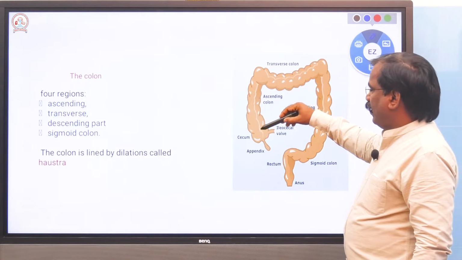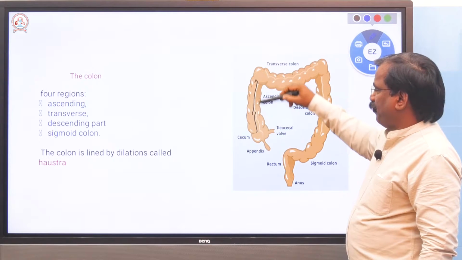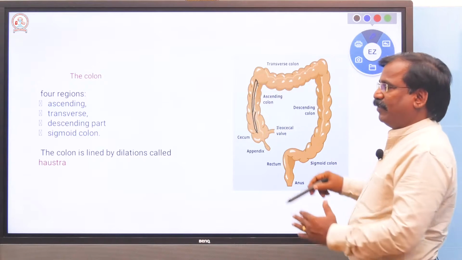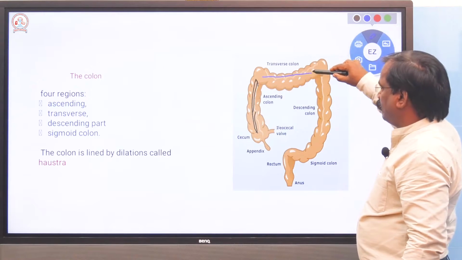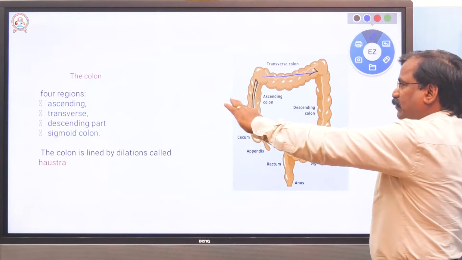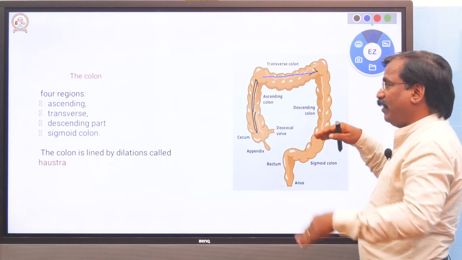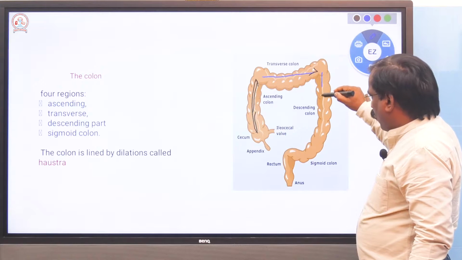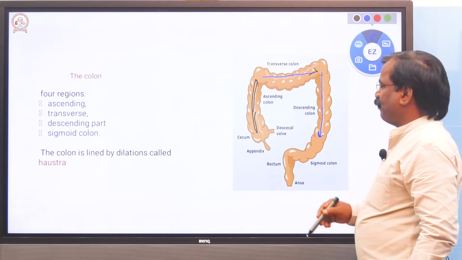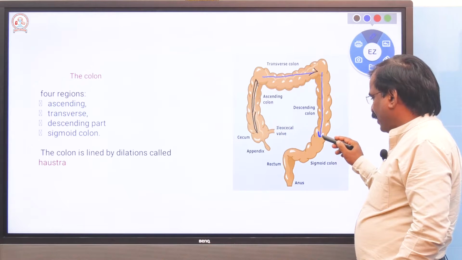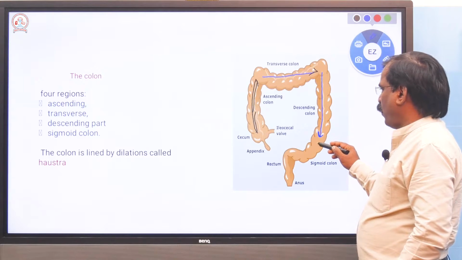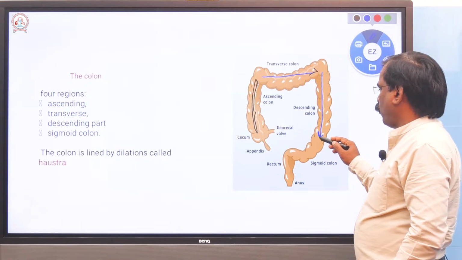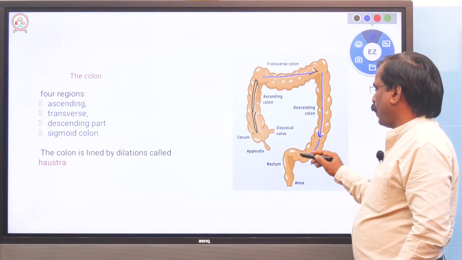The ascending colon, which rises up, then the transverse, which is horizontal, and then coming down, the descending, and then the slightly S-shaped sigmoidal colon.